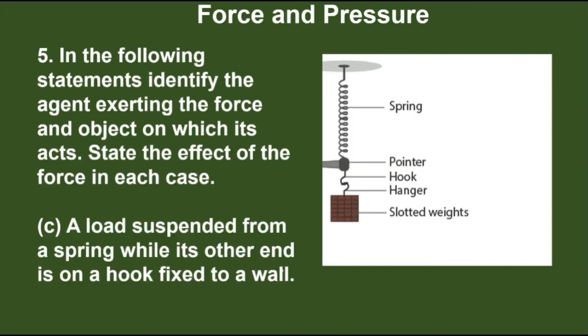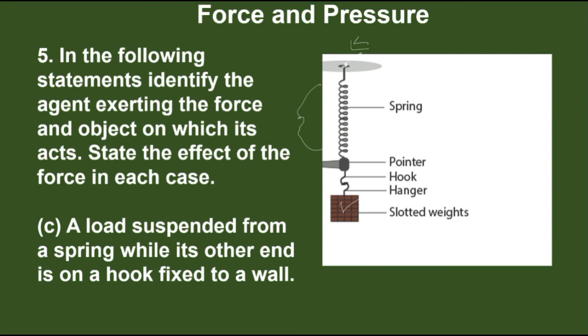This is somewhat different. A load is suspended from a spring. So this is the load, and it is fixed to the hook here, to the spring. This is the spring. And one end of the spring is fixed to a wall or a support, so it is not coming out.